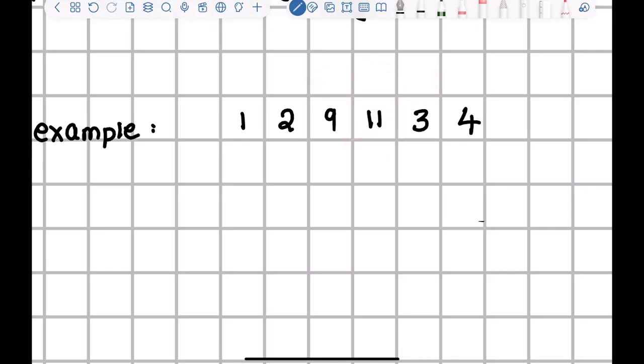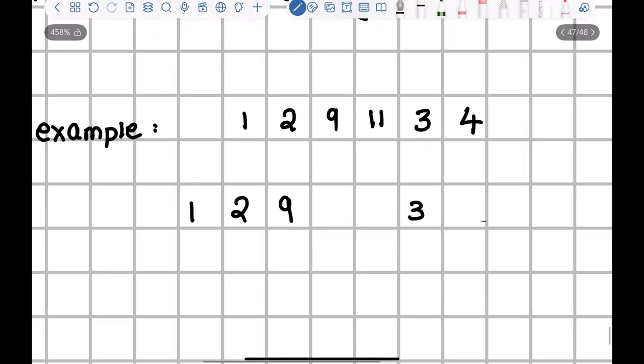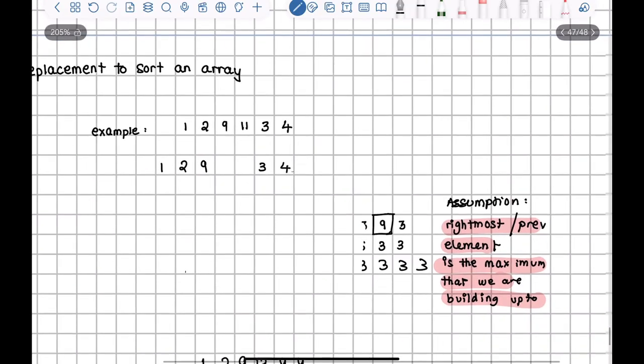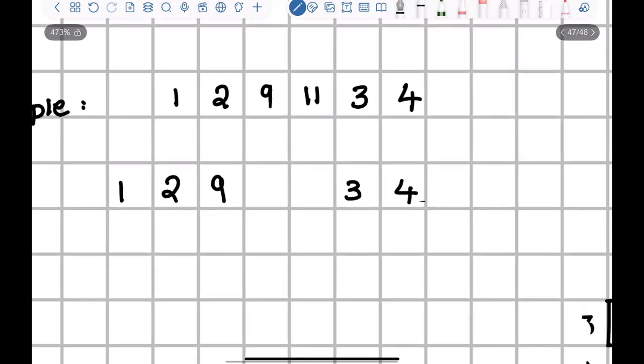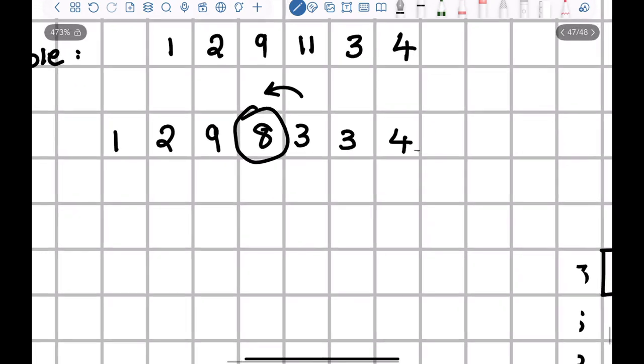So here we break 11 down. From the assumption that we have, we break this down into 3 and 8. Now we go behind again because 8 is the one that is breaking the increasing order.